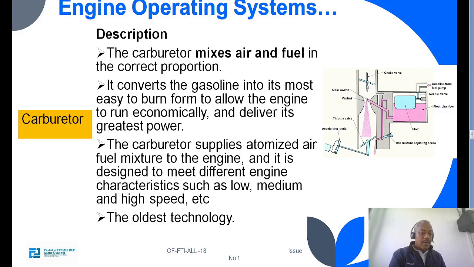So here are the choke valve and the throttle valve, and this throttle valve is actuated by the accelerator pedal, and the venturi effect is created in the narrow passage of the carburetor, and this is the main nozzle, and here is the idle mixture adjusting screw, and there is also a float system, and this float system maintains the amount of fuel in this chamber or reservoir.